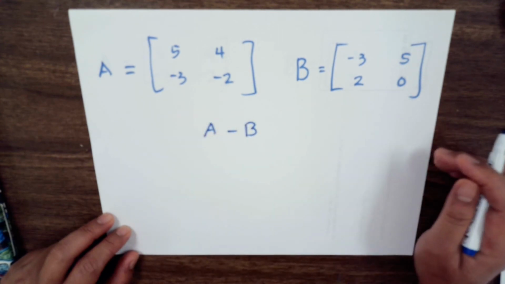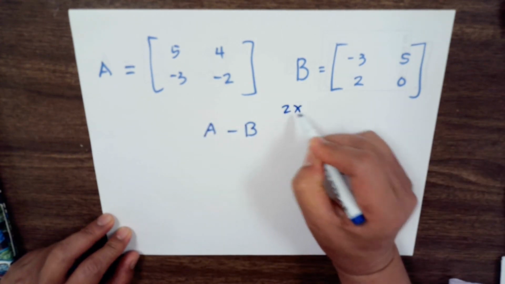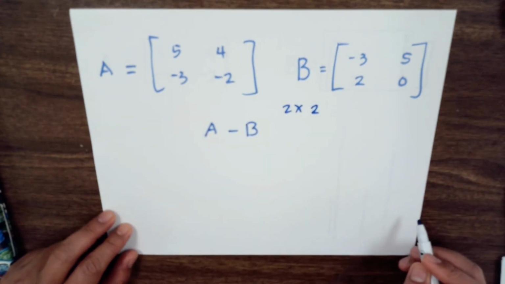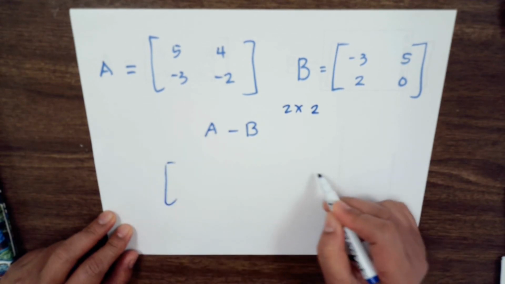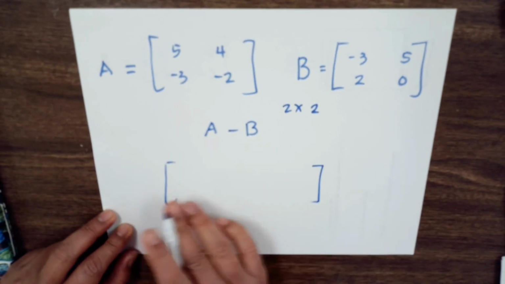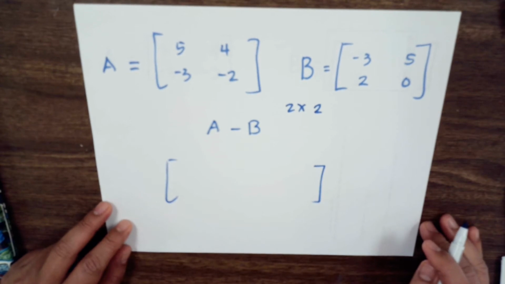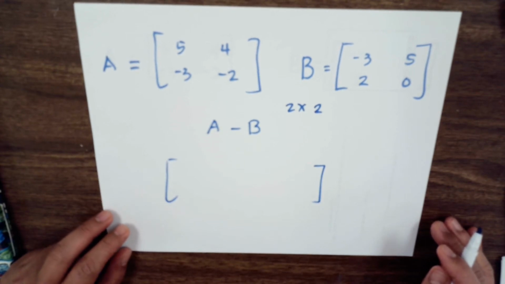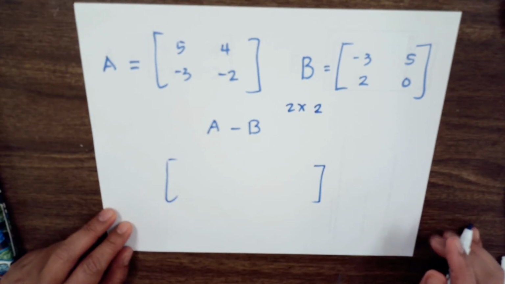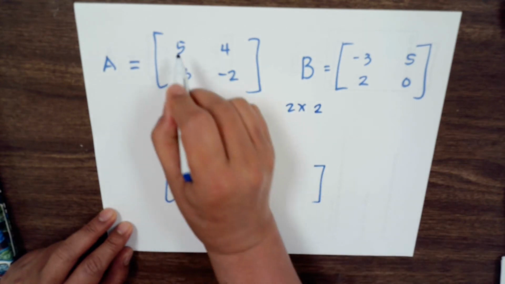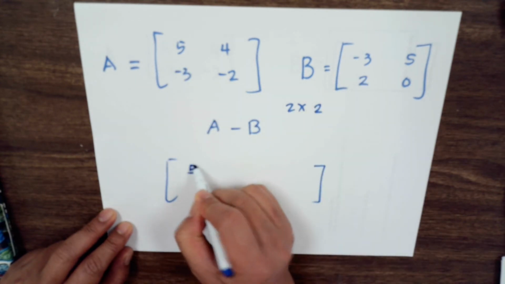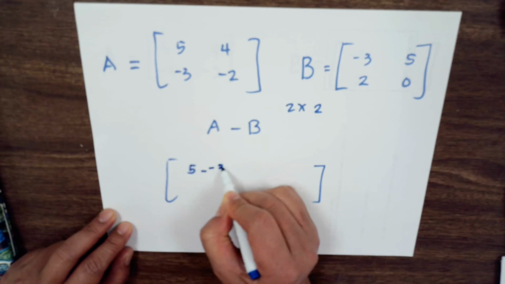Since these two have the same order, both of them are 2 by 2, I can subtract them. So that is, alright, I'm going to separate the subtraction because I know that sometimes it's confusing to subtract integers. Alright, so I have here for A11 to be 5 minus negative 3.